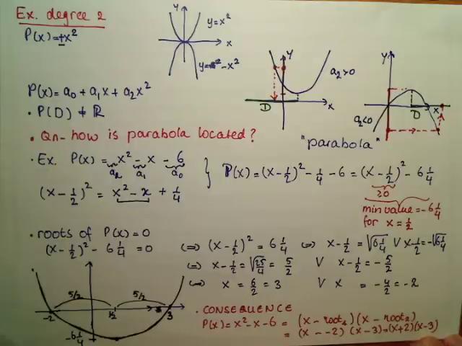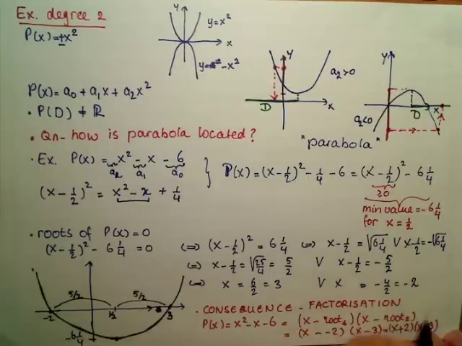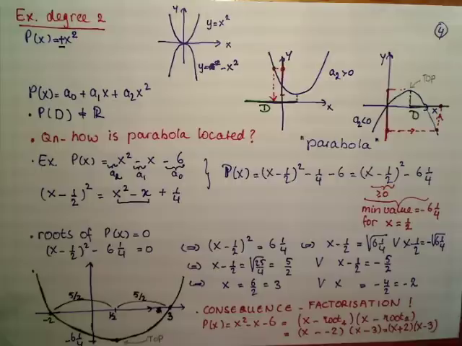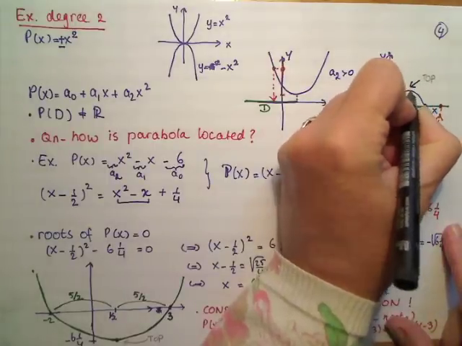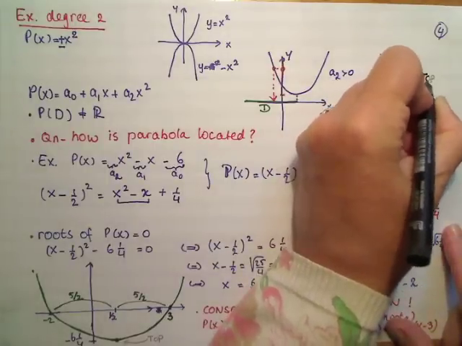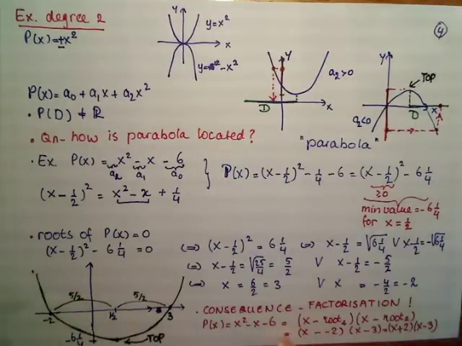Now this third way of rewriting the formula of our polynomial is called factorization, similar to factorization of prime numbers in some sense. Yes, one final remark. I would like to emphasize that this point of the parabola is called the top. We will denote it by top. That's it.